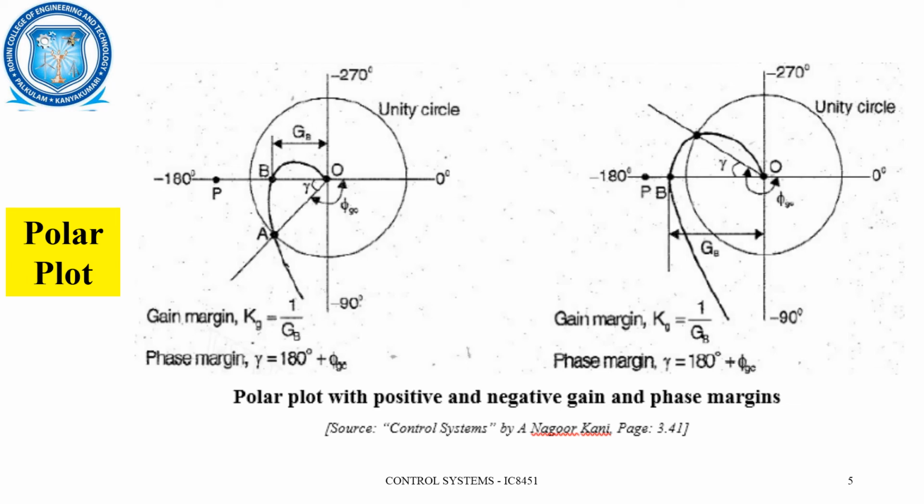From 0 degrees, what is the angle of this line? If we find out this value, it has to be added to 180 degrees. Automatically you'll get the phase margin. In this case, it will be a positive gain margin as well as a positive phase margin, because the polar curve or polar plot is within the unity circle.